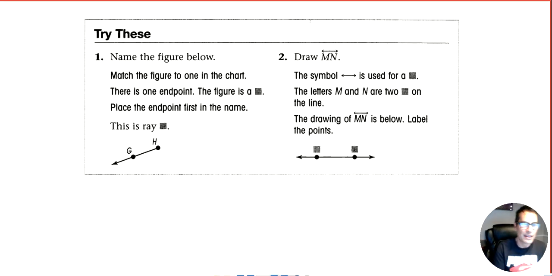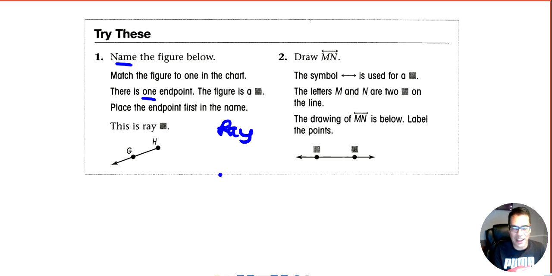All right, so let's try to name the figure below here. It says we're going to match the figure to one in the chart. This one has 1 endpoint. So if it has 1 endpoint, then the figure is a ray. You got it. It's got 1 endpoint.